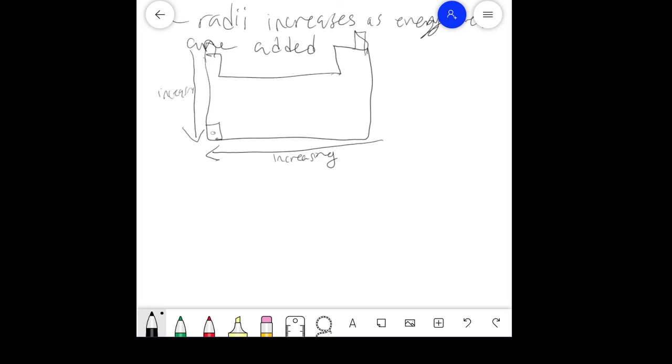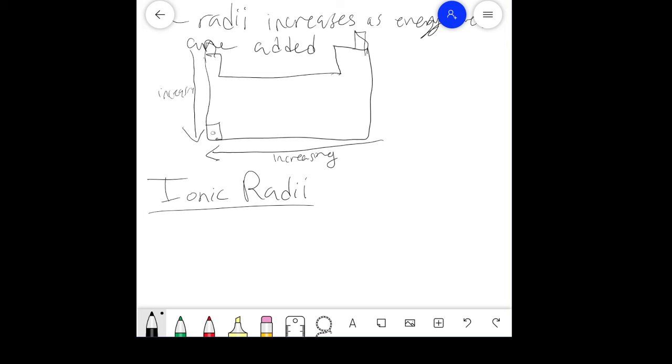Okay. Now, when we have ions, it's a different story. Because ions, if you remember, have lost or gained electrons. So that is going to change their size, because as they gain or lose electrons, the nucleus's hold on the other electrons is going to change.